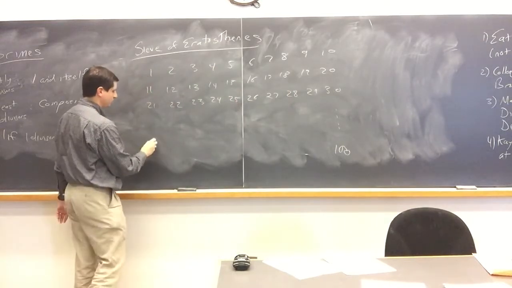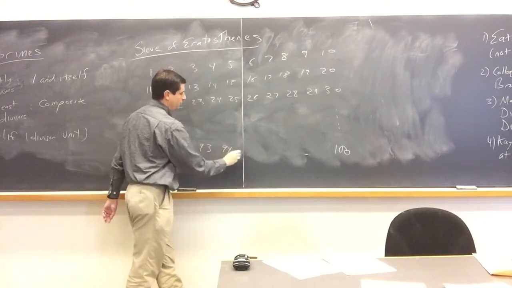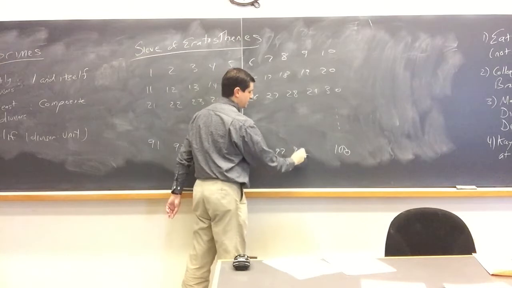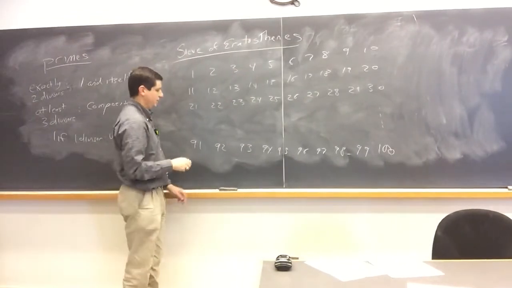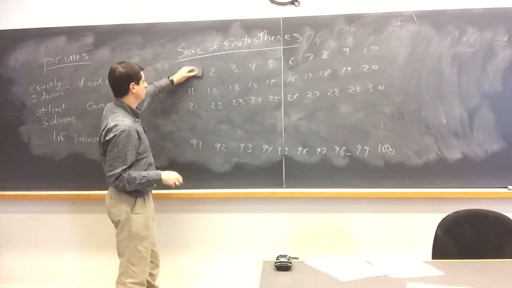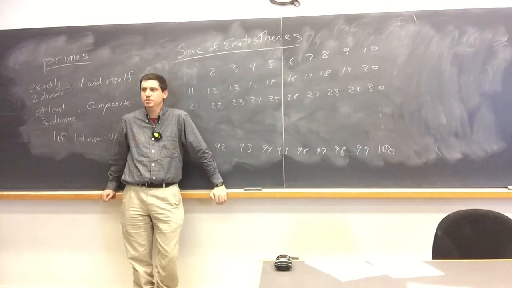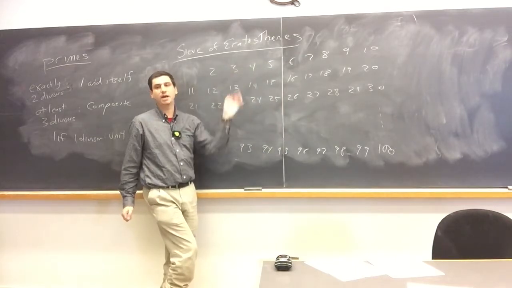The last row would start off with 91, 92, 93, 94, 95, 96, 97, 98, 99.